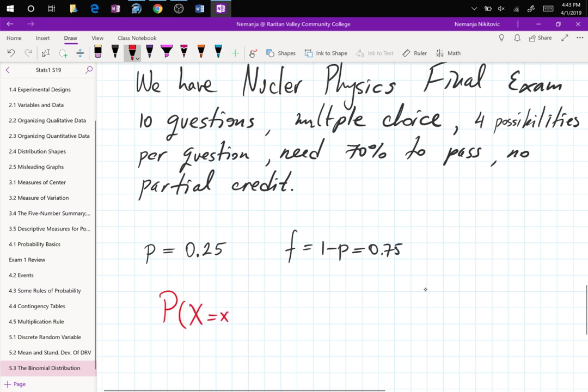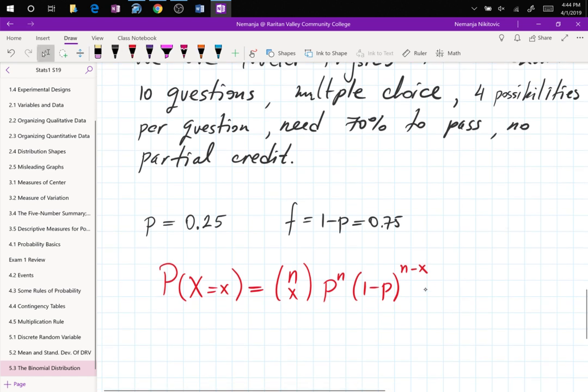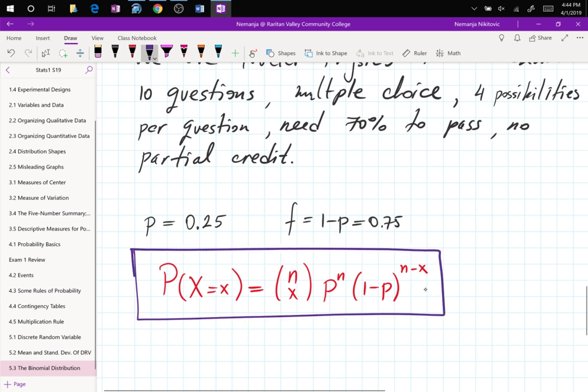Well, you need to memorize the other one for coefficients too. So the probability that you are going to guess what you need: n choose x, times probability raised to the x, and then 1 minus probability raised to the n minus x. This is your success over here, this is your failure. This is the big equation: the binomial probability formula.